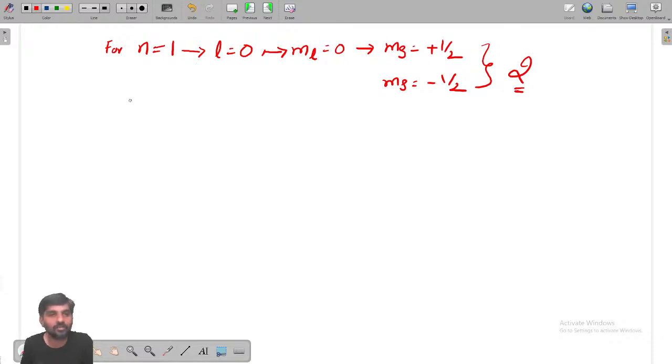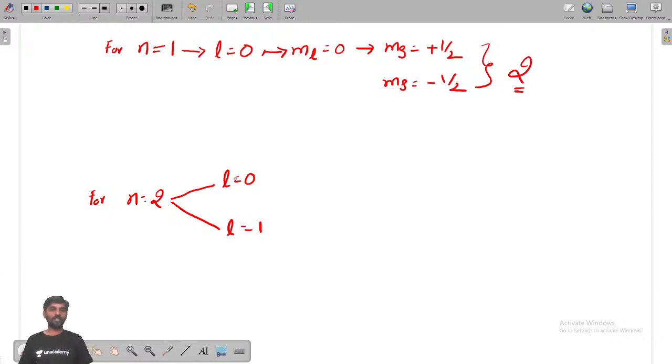Now let's consider n is equal to 2. For n is equal to 2 you have L is equal to 0 and also L is equal to 1. Yes or no? Because L goes from 0 to n minus 1. For every value of L you will have ML.